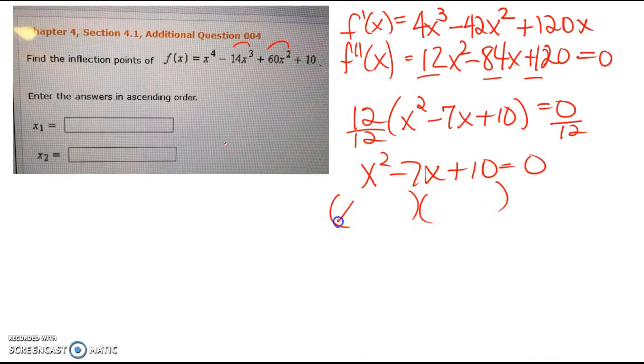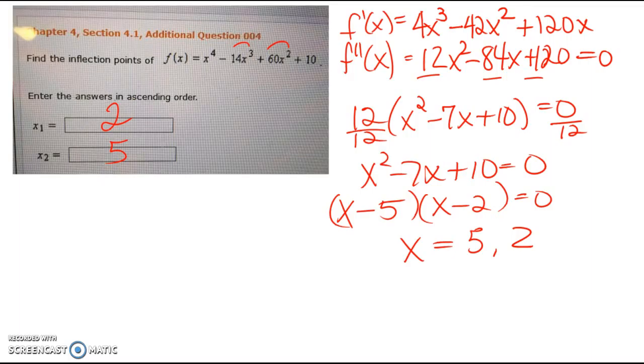It works out nicely. X minus 5, x minus 2, so x equals 5 and 2, right? Well, she wants them in ascending order, so we're going to do 2 and 5. That's all we needed to do on this one. So to find inflection points, you take the second derivative, set it equal to 0, and solve.